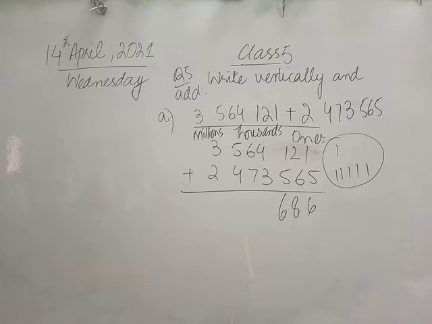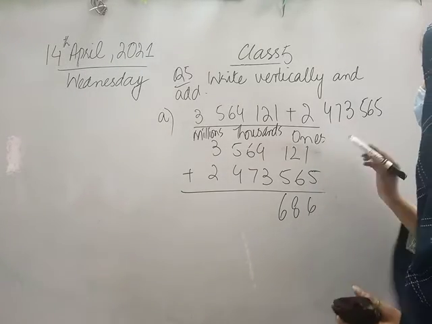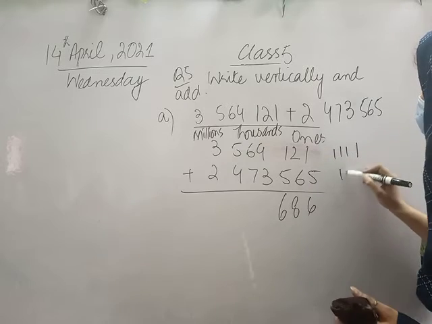Now moving towards the next, which is the thousand column. The first value of the thousand column from the right side is 4 for upper and the second value for lower is 3. Now I am going to write 4 for upper and 3 for lower.